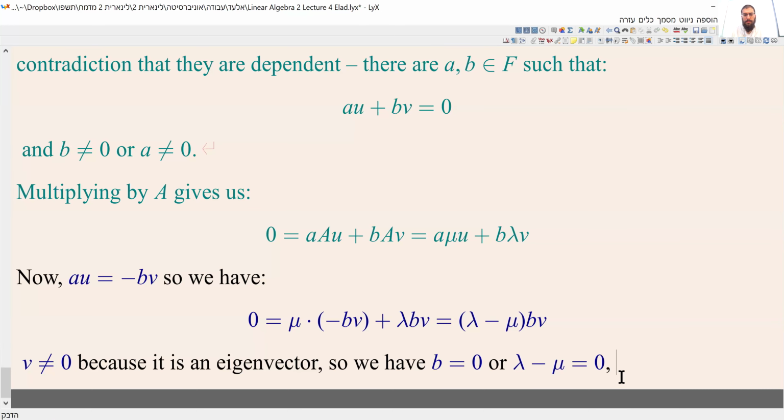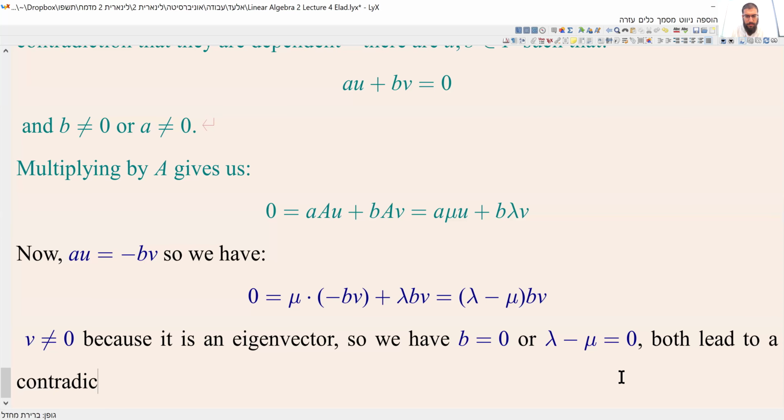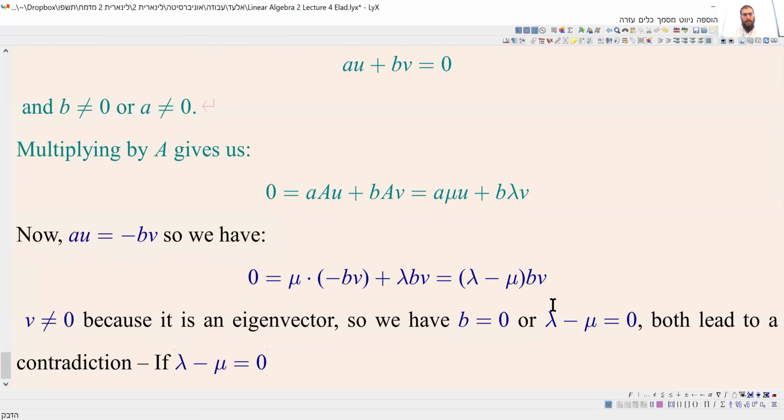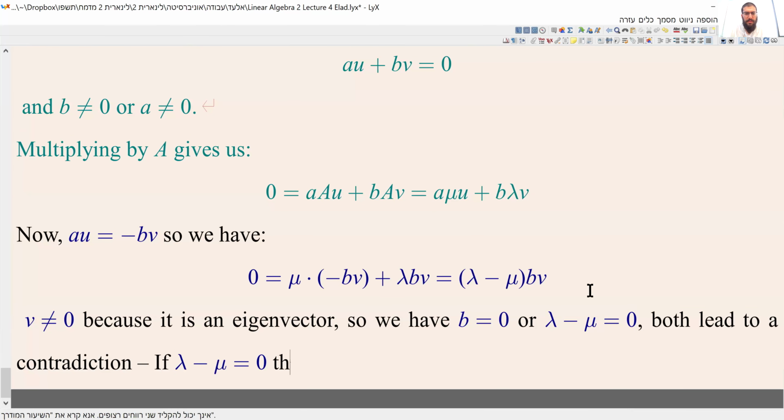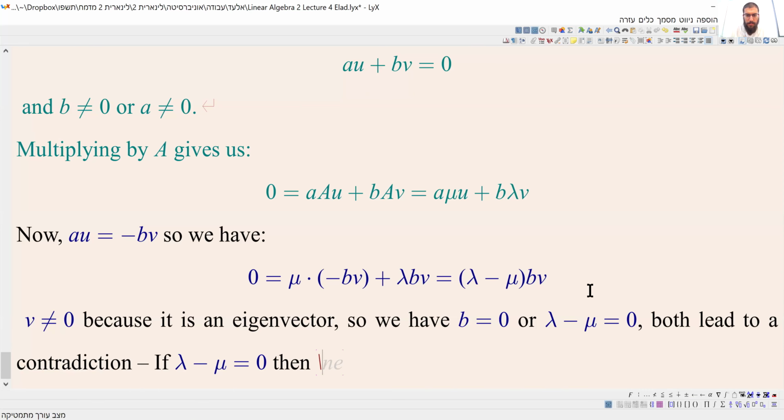But both lead to a contradiction. If lambda minus mu is 0, then lambda and mu are the same eigenvalue and not different ones.